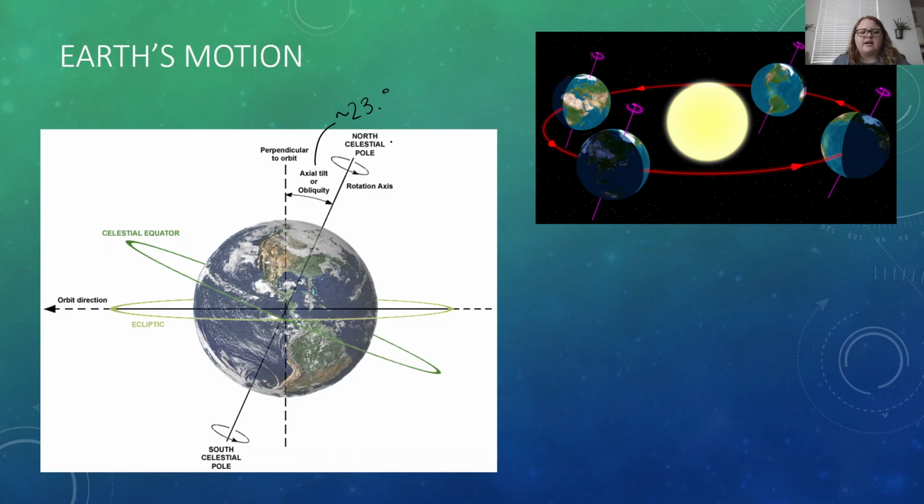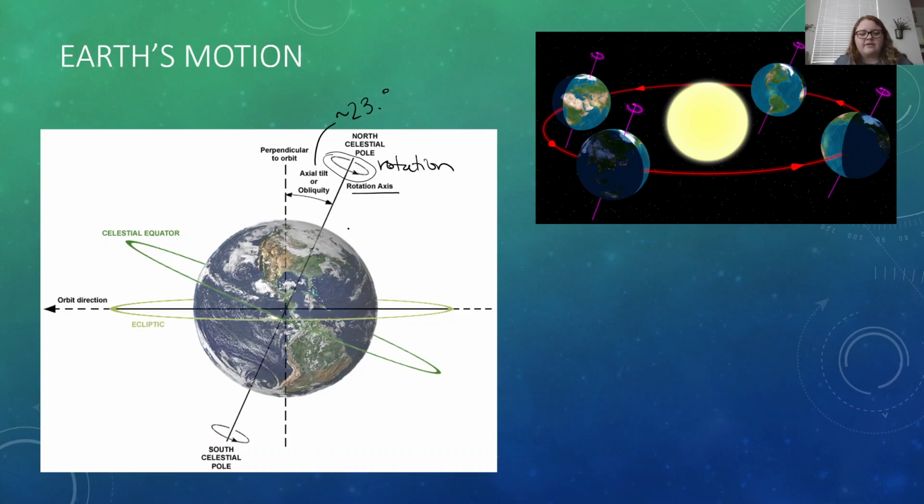And then the planet will rotate about that axis. As you can see here, go ahead and circle it. That's where we have the rotation. So this is rotation.